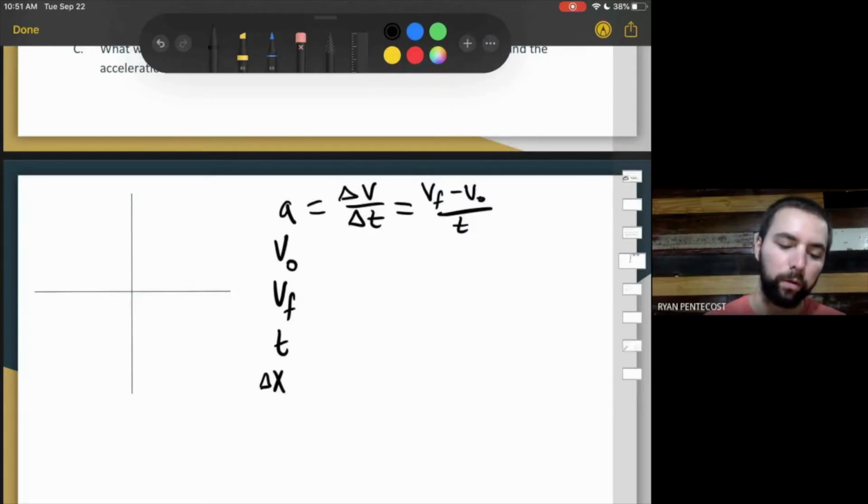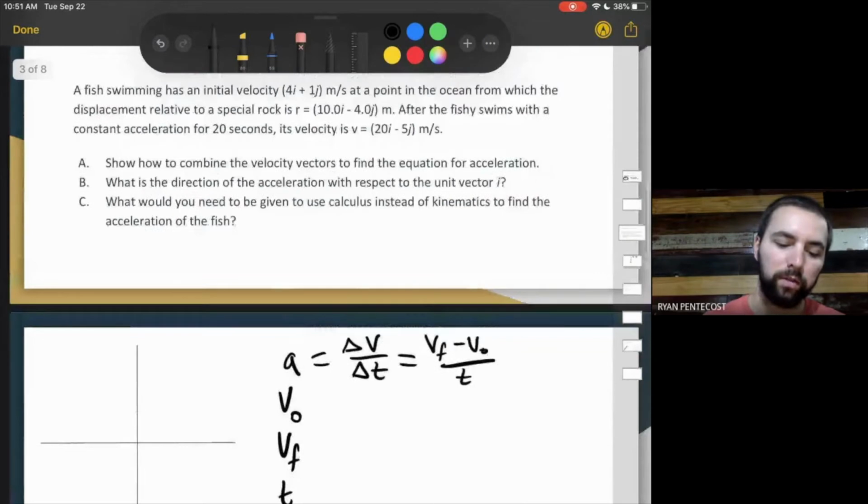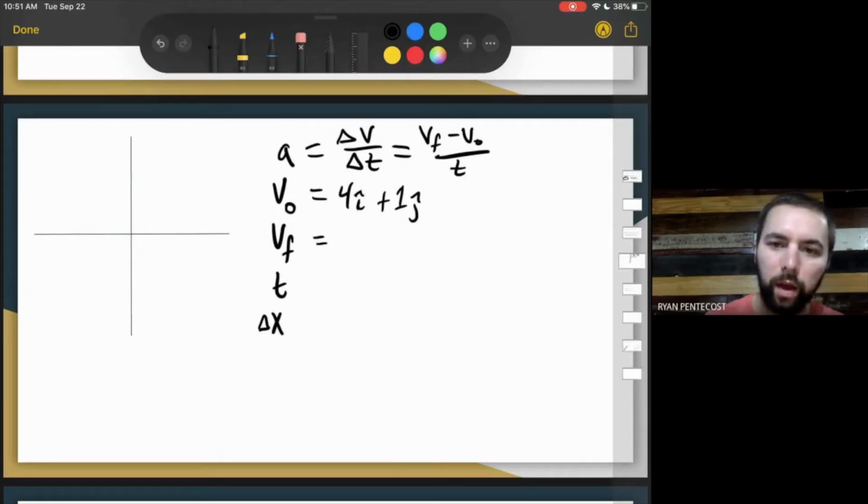So we have those three. We are using the vectors, right? Okay, so let's use these vectors. V naught is 4i plus 1j. Vf is 20i minus 5j.